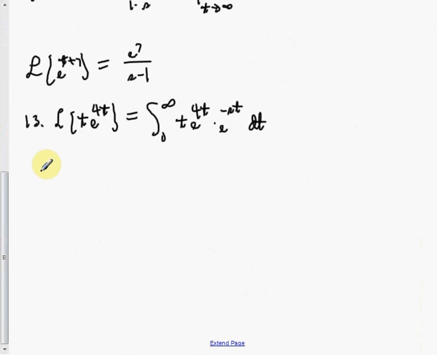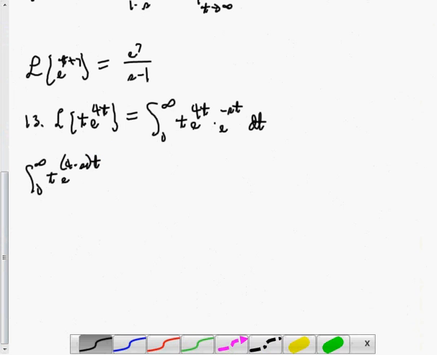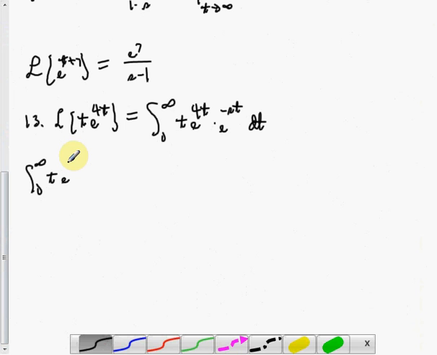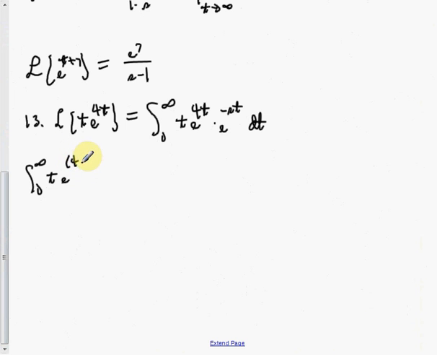Well, this is the integral from 0 to infinity of t times e to the (4 minus s) times t dt.